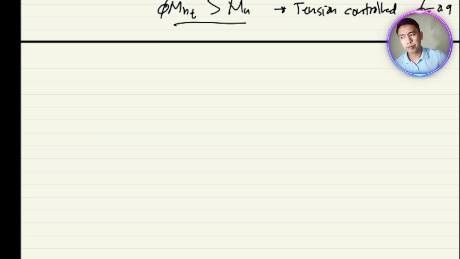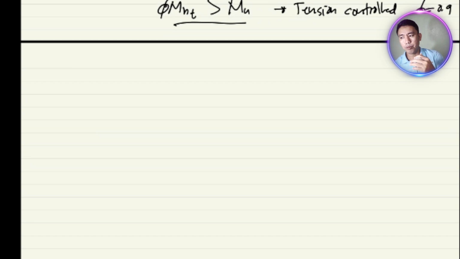So ngayon, since ang problem natin is to determine the AS, the formula is kailangan nating makasolve ng rho. Okay? Once we have the rho, then masolve na natin yung AS kasi meron na tayong dimension.